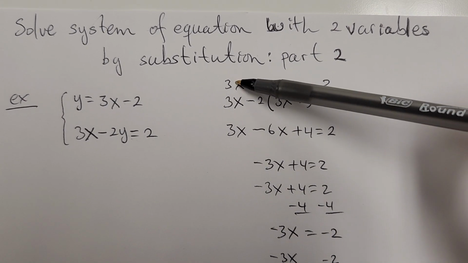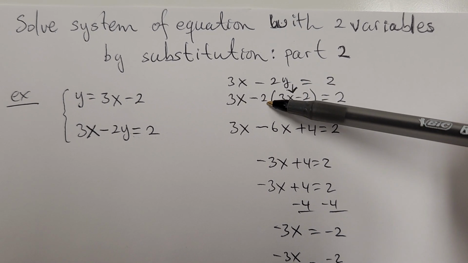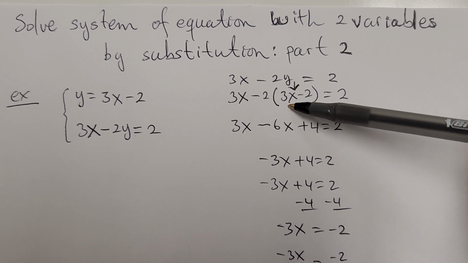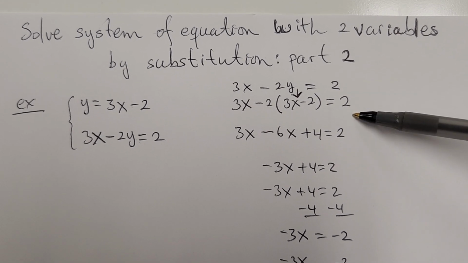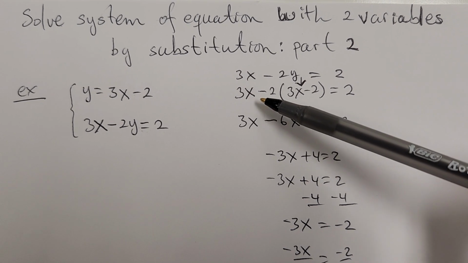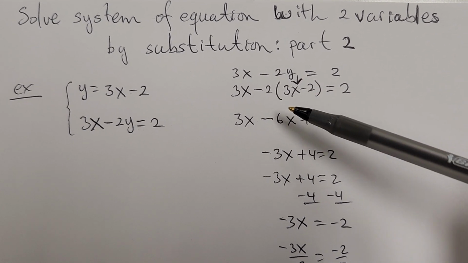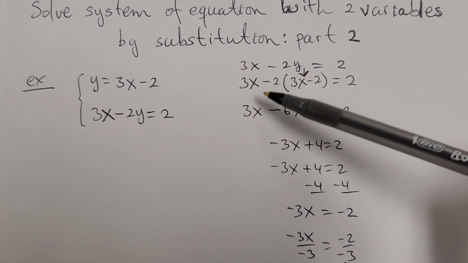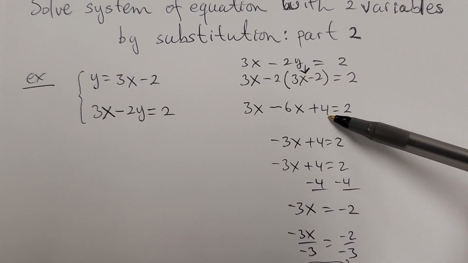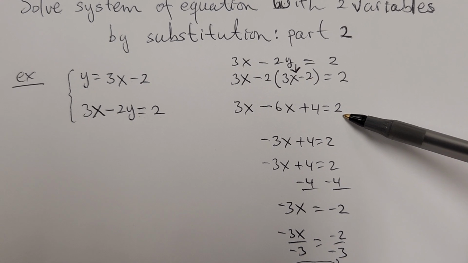Okay, so bring down the 3x, negative 2y, replace the y with 3x minus 2, bring down the 2. Okay, and then do your order of operations. I still have parentheses, so multiply it out. So 3x, negative 6x, and then negative 2 times negative 2 gives me positive 4, and then 2 down.